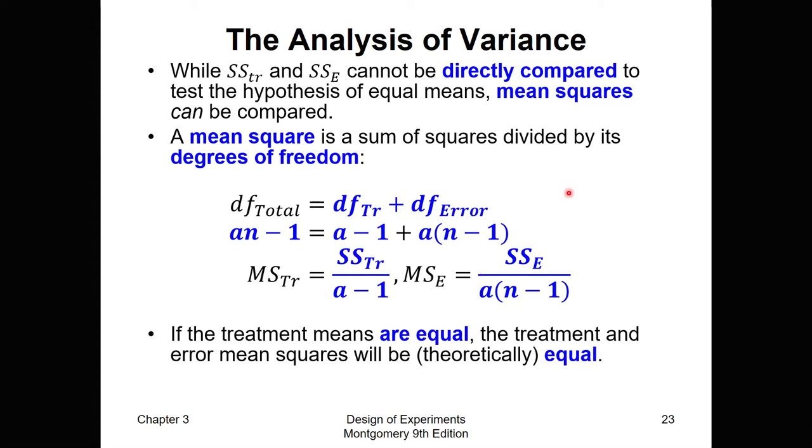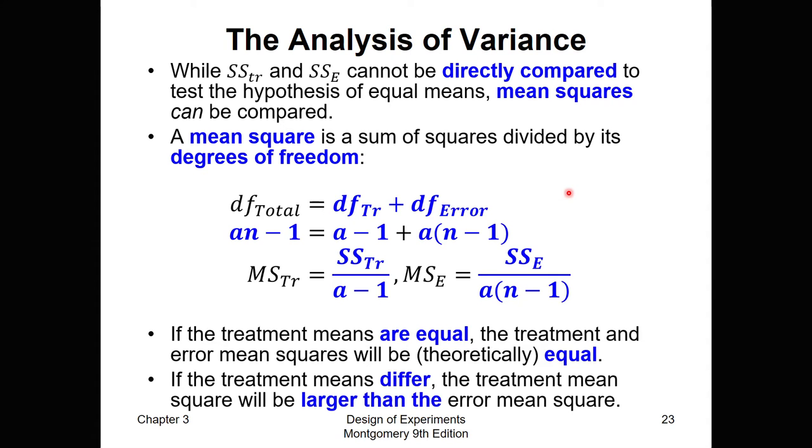Now, if the treatment means are equal, then the treatment and error mean squares will theoretically also be equal. And if the treatment means differ, then the treatment mean square will be larger than the error mean square. We'll talk about this a little bit more later on.